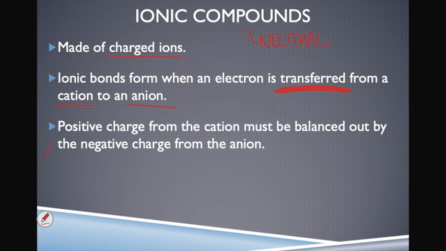How does that happen? Well, the positive charge from the cation has to be balanced out by the negative charge contribution made by the anion. How does this all work? Let's look at it.